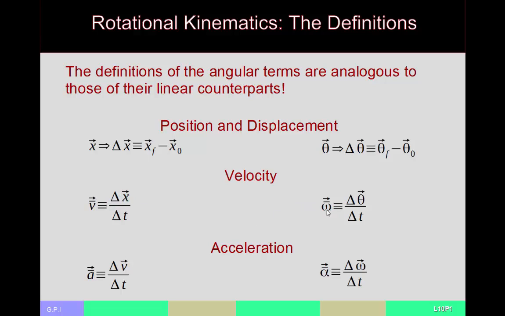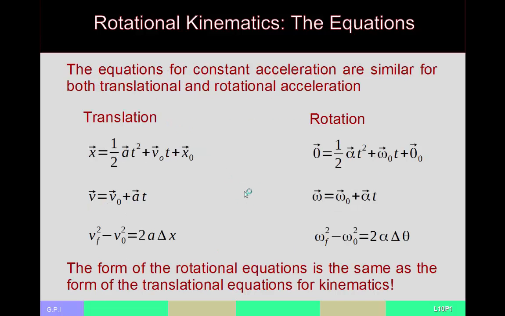If you look at the velocities, omega is basically delta theta over delta t, whereas the translational velocity is delta x over delta t. The angular acceleration is a change in angular velocity per unit time. The translational acceleration is a change in the translational velocity per unit time.